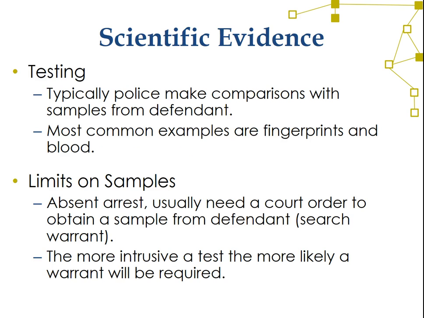Now, when it comes to testing, typically law enforcement will make comparisons with samples from the defendant. And the most common examples that we tend to run across are going to be fingerprints and blood.